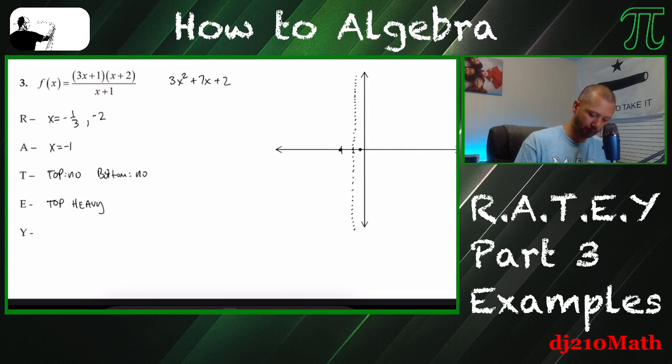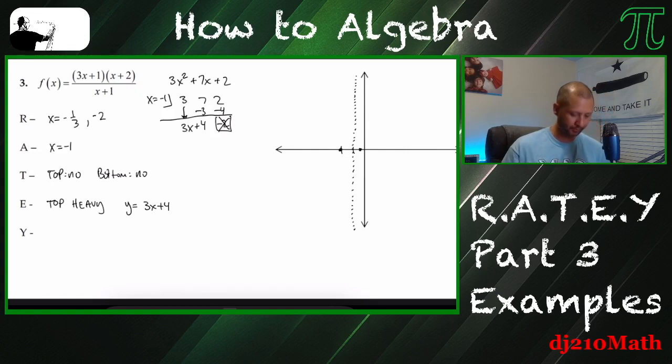All right, so x equals negative 1, then 3, 7, 2. So the oblique asymptote is going to go through 3x plus 4. So up 3 over 1.